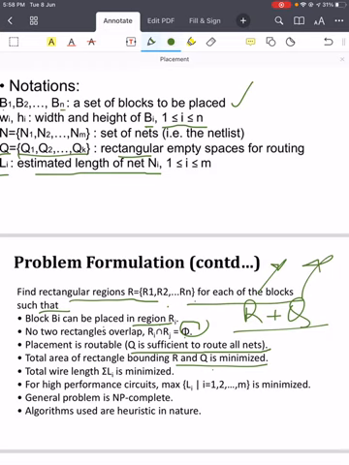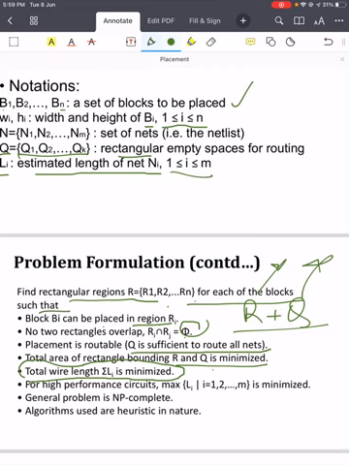Okay, and we have to minimize the total wire length. Our objective is to minimize the total wire length, that is the summation over Li, where Li is the estimated length of net Ni, so it is the summation over i equal to 1 to m.